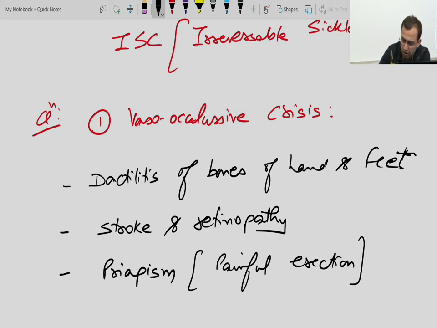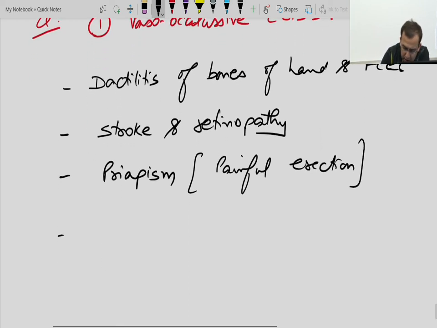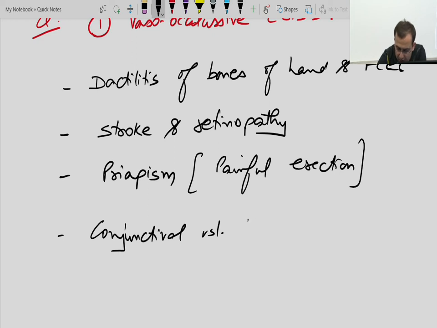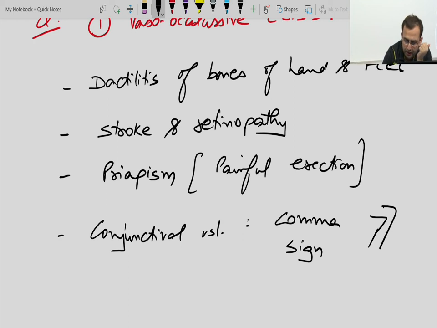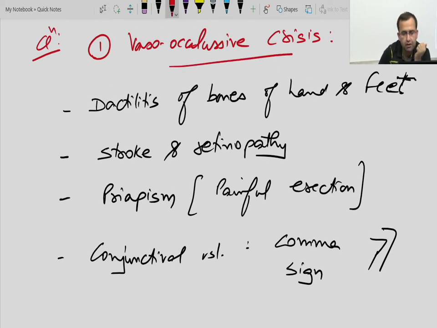Painful erection. And in the conjunctival vessels, it is associated with the classical comma sign. Comma sign means the conjunctival vessel looks like a comma. These are the vaso-occlusive crises.